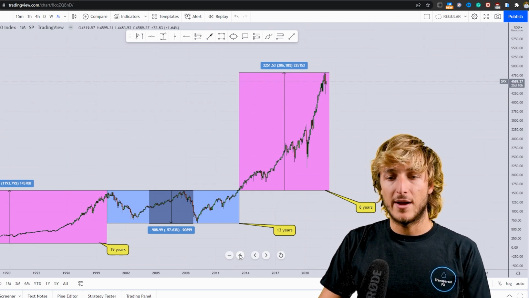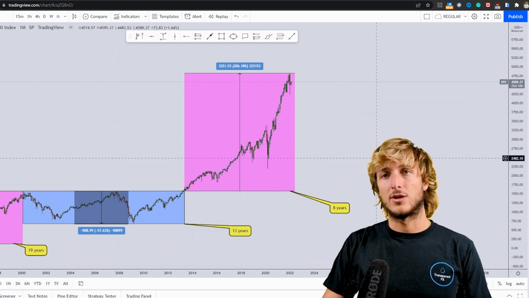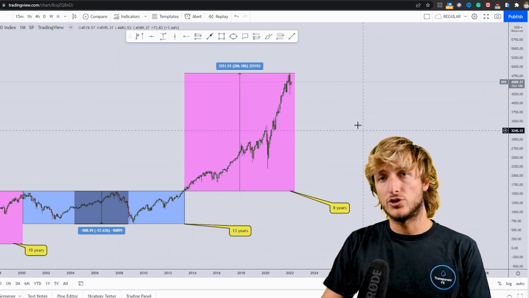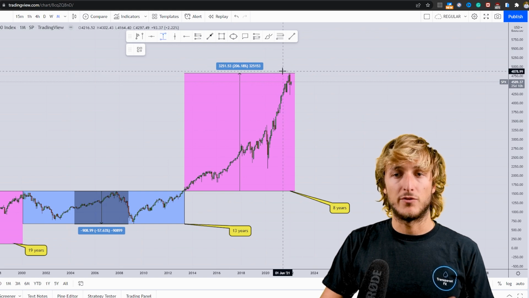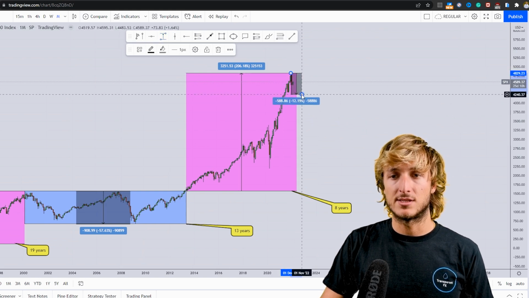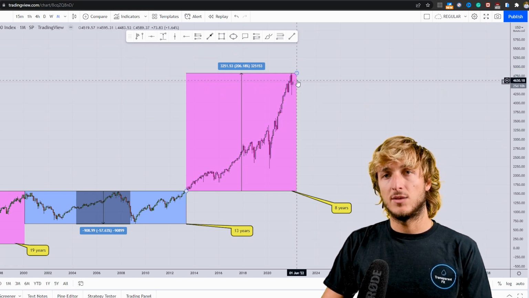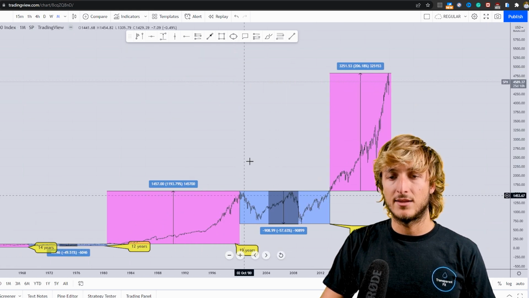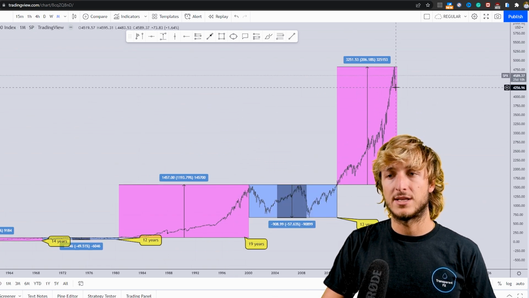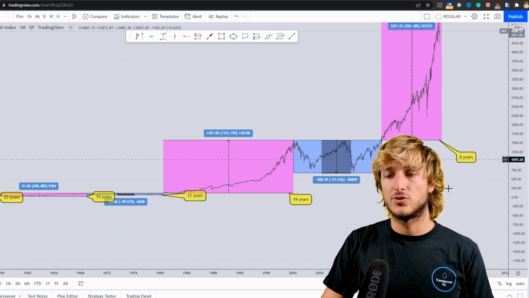Now, I know that everybody is freaking out, especially a lot of the mass media is pushing a lot of fear into the markets by just having this 12% drop that we had here. But this is exactly the moment in which you have to zoom out and notice that these kinds of pullbacks in a bull run are absolutely normal.